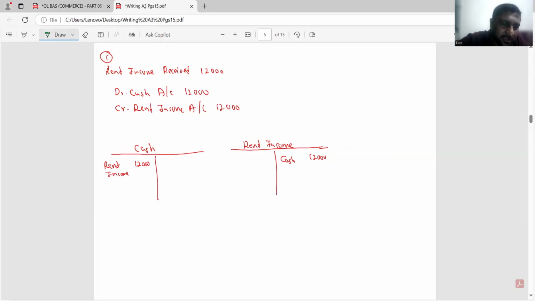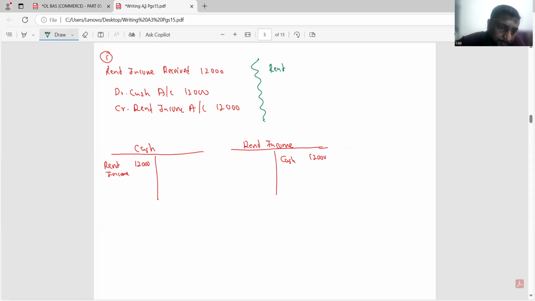Now here the thing is, another 3,000 is to be received. We should receive. The things we should receive are assets. The amount that we should receive is an asset. The amount that we should pay is only a liability.